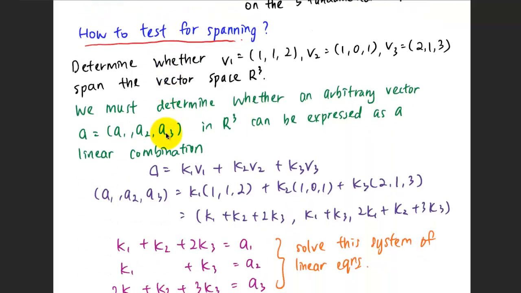So how are we going to test for spanning, whether a given set of vectors spans the system or not? For example, to determine whether V1, V2, and V3, the given vectors here, span the three-dimensional space or not, we must determine whether an arbitrary vector in R3 can be expressed as a linear combination.